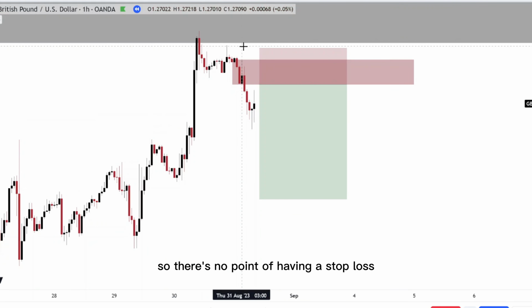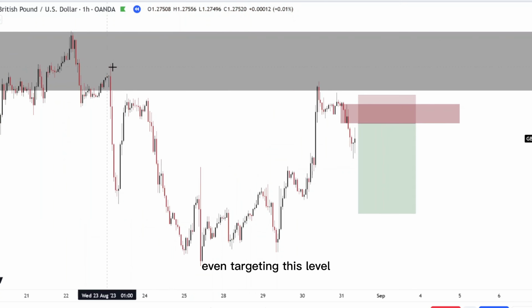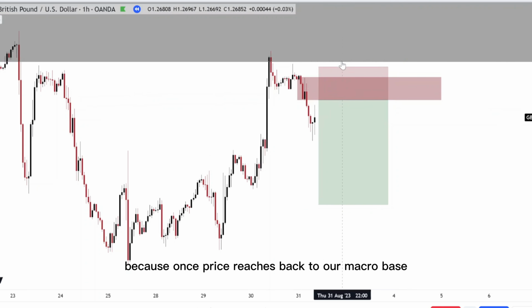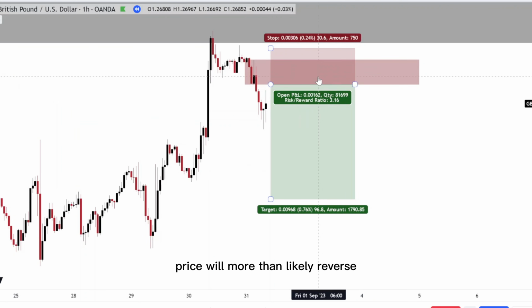So there's no point in having a stop loss all the way up here or even higher than this point, even targeting this level, because once price reaches back to our macro base, price will more than likely reverse.